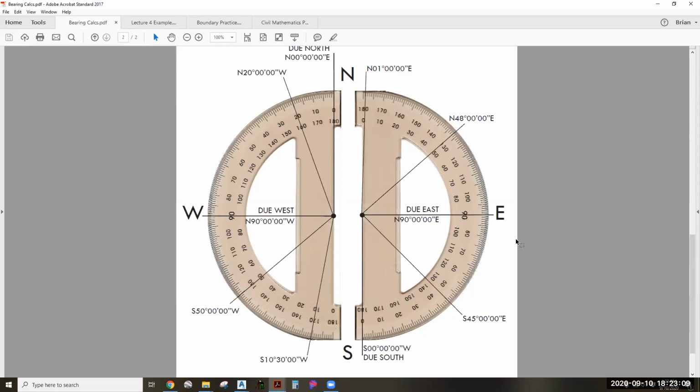And you can just draw a line and then measure it however you wish. And you can see that depending on the direction that we're walking, those two bearings are equal.